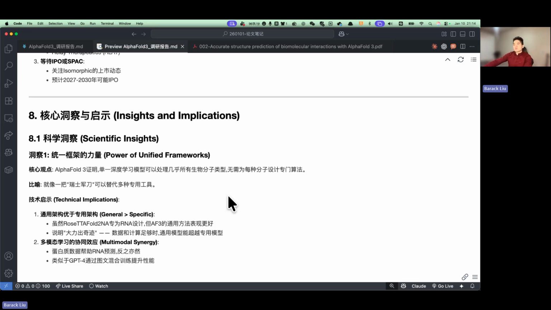Insights and implications. Scientific insights. Number one, the power of unified frameworks: general, bigger and specific. Multimodal synergy.